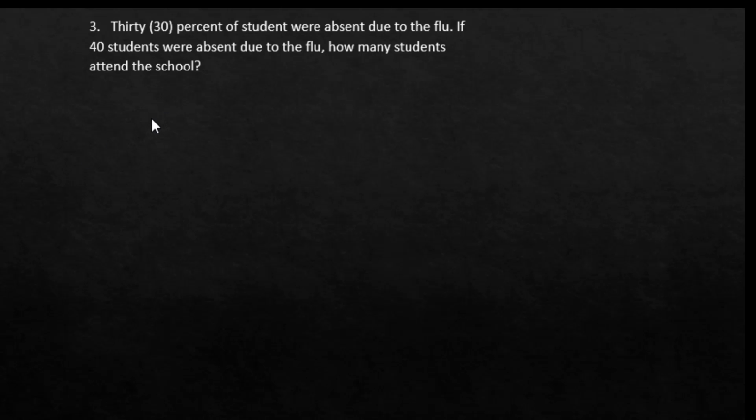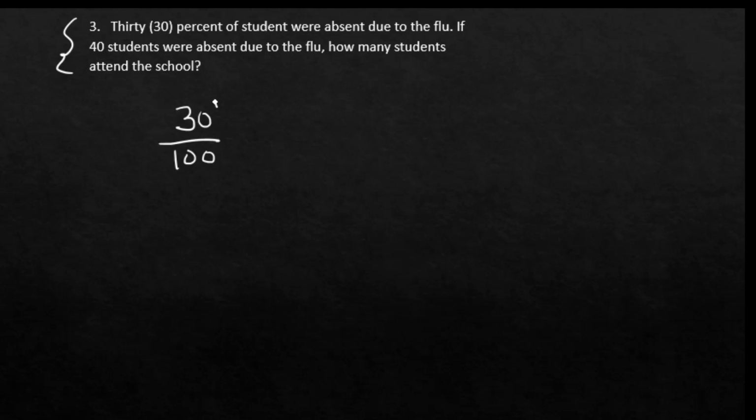I'm going to go over 3 a little bit, but 3 and 4 are remarkably similar to what we just did. It says 30% of students, which I'm going to write right down, 30 over 100. 30% of students are absent due to the flu. If 40 students were absent due to the flu, how many students attend the school?